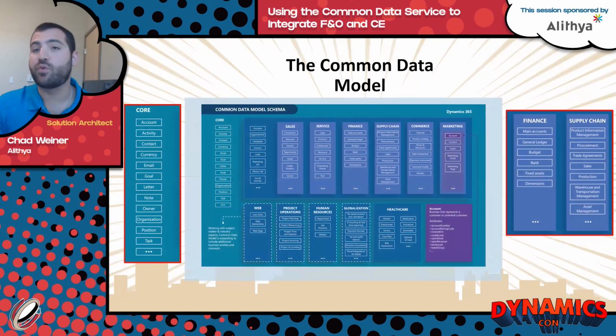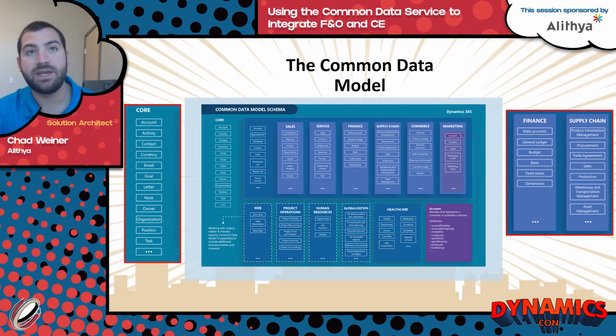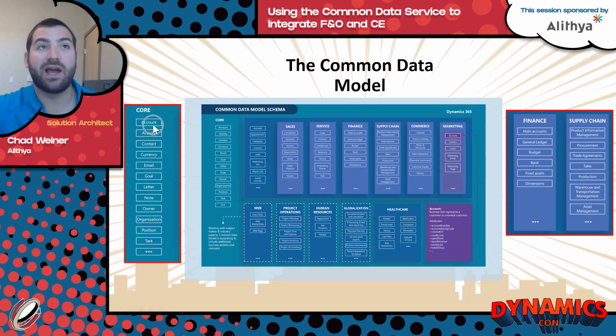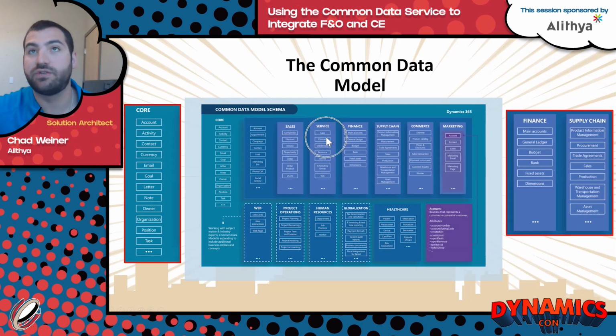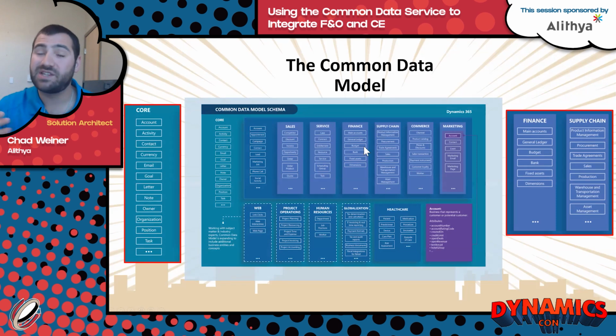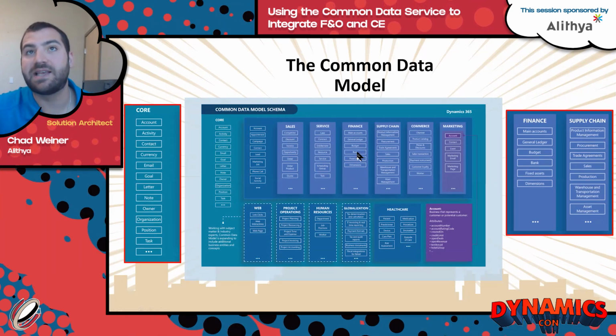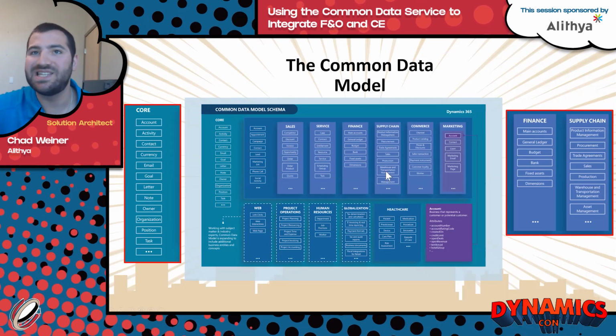If you're not familiar with the common data model, this is the data model, the database schema that's inside of common data services by default. If you're familiar with CRM, accounts, contacts, activities, these things will look familiar to you. Of course, we've got different modules, sales, service. There's even some out-of-the-box finance and supply chain entities inside of CDS that allow for the data integration to almost happen seamlessly.